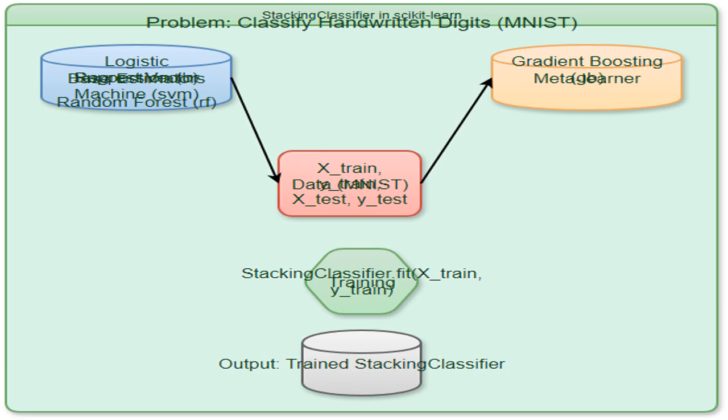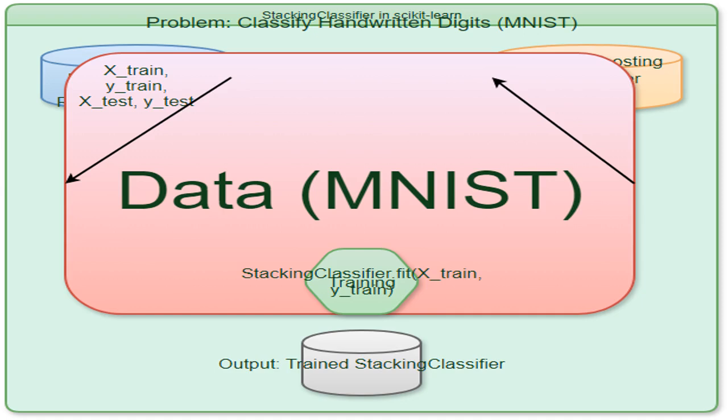This is a specific type of machine learning model from the Sklearn library that uses multiple base models, here, logistic regression, SVM, and random forest, and combines their outputs using another model, gradient boosting. It's like having a team of experts voting on a decision. I use StackingClassifier.fit, X_train, Y_train, to train the model.